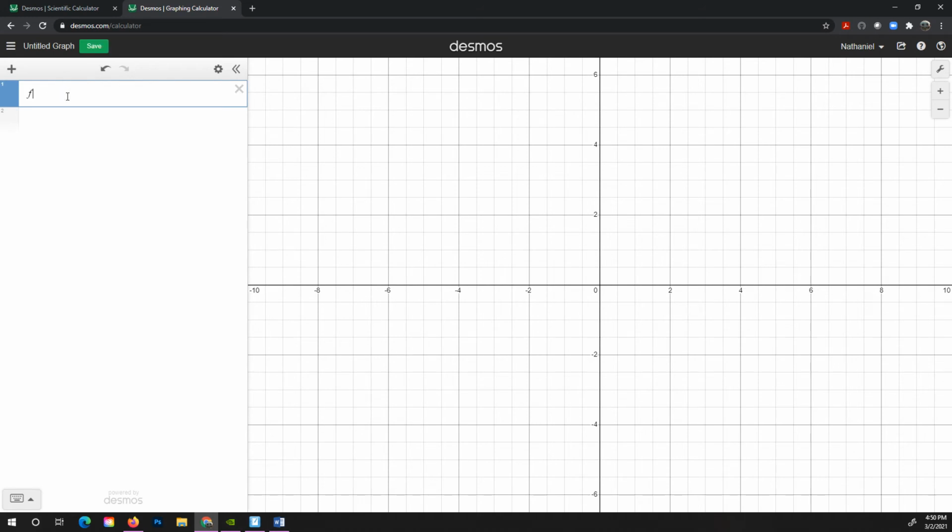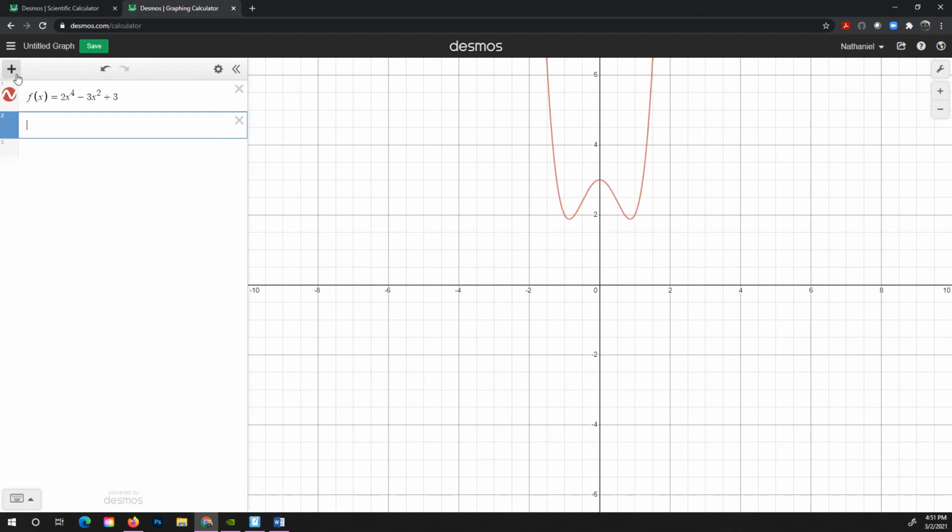So we'll go f of x is equal to 2x raised to the 4th minus 3x squared plus 3. And we can see that at about right here and about right here, we have points of inflection.